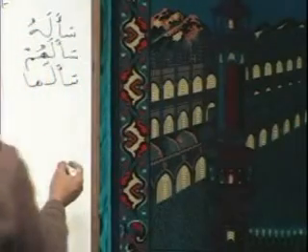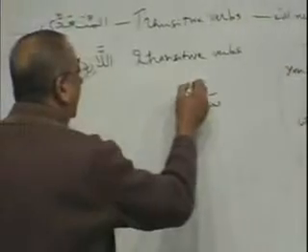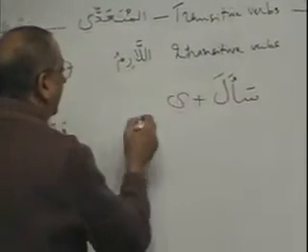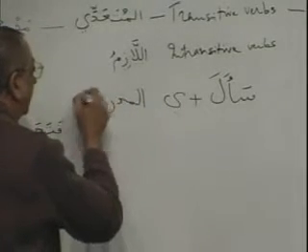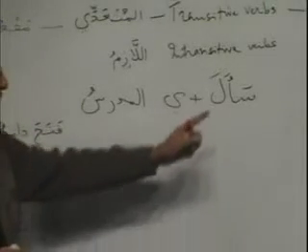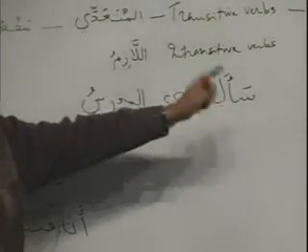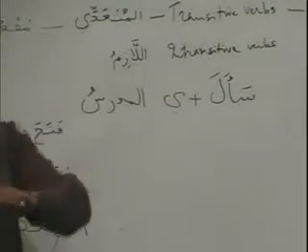See, here is the verb, brothers and sisters. What is the verb? You should understand this very well. Sa'ala, this is your verb, and this is your mafulun bihi, and I will put mudarris here also. Mudarrisu, this is your fa'il. Are you with me, brothers and sisters? Okay. So sa'alahu, sa'alahuma, sa'alaha, sa'alaka, sa'alakum, sa'alaki was fine.